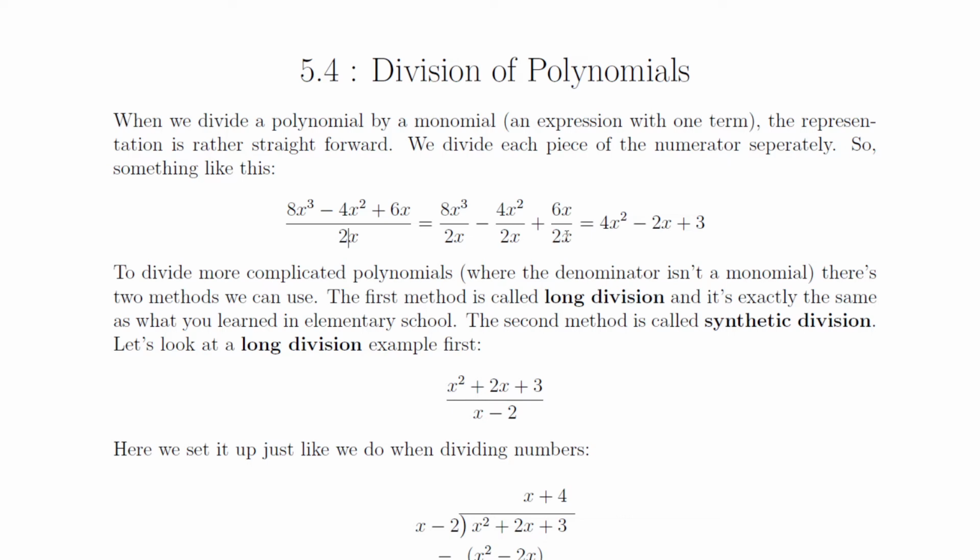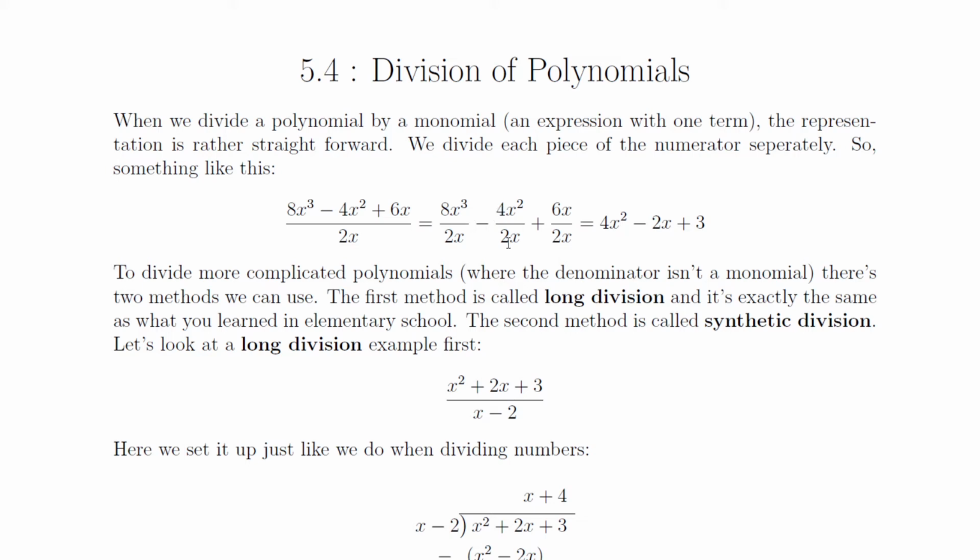And then what you do is use the rules of exponents that we talked about earlier in section 5.1, and we just divide the coefficients. So we do 8 divided by 2, that's going to be our 4 right there. X to the third divided by x is the same thing as x squared, okay, because we have 3 minus 1 in the exponents.